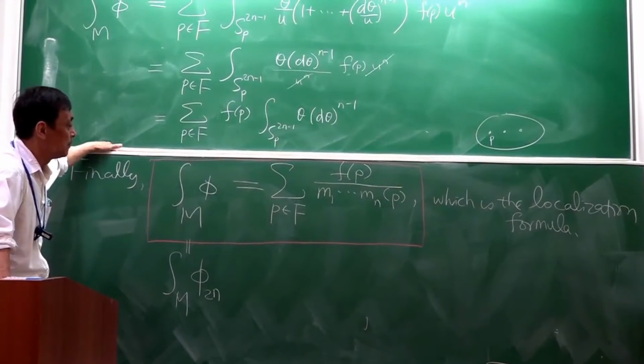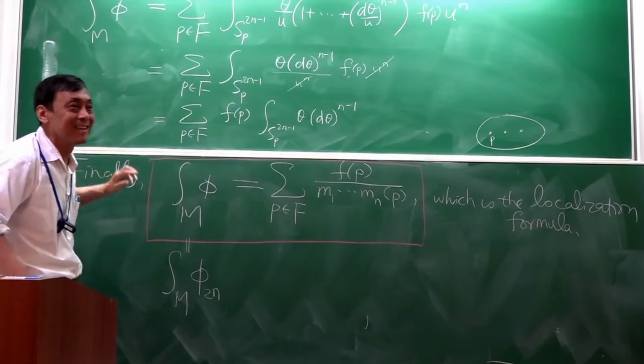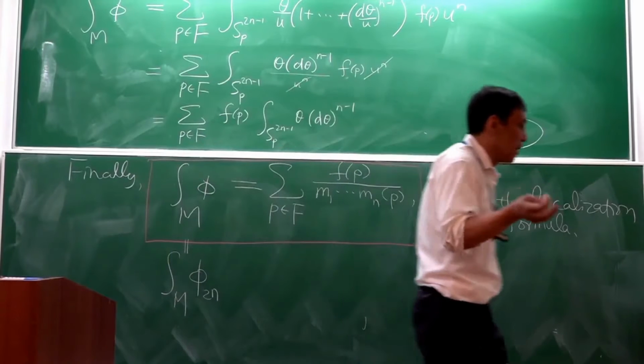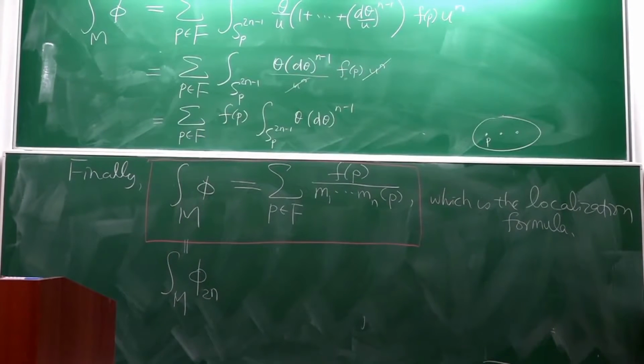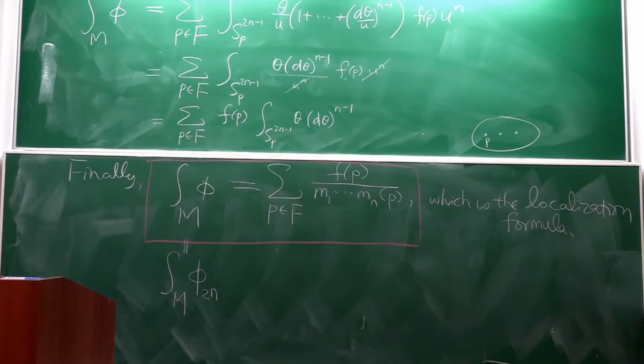Now, this is for a circle action. We now want to generalize everything to other groups. So our group will be a Lie group.